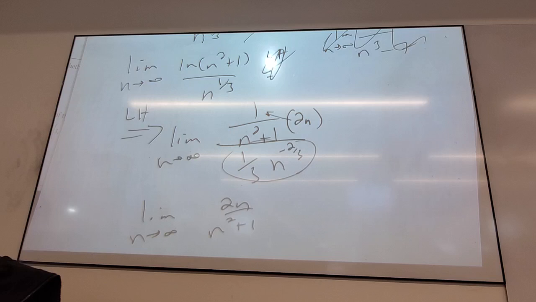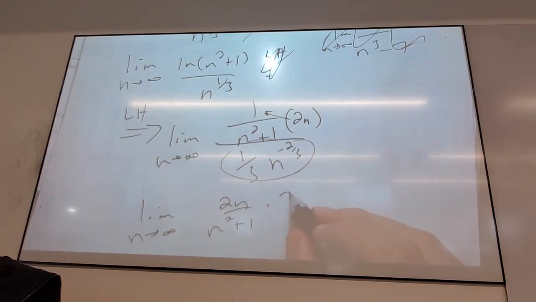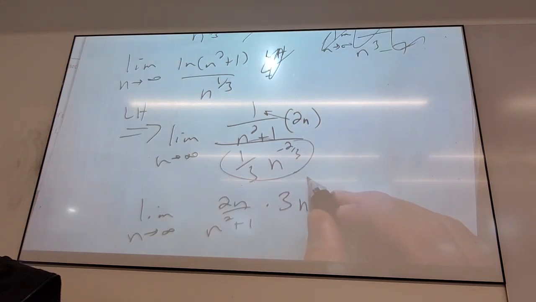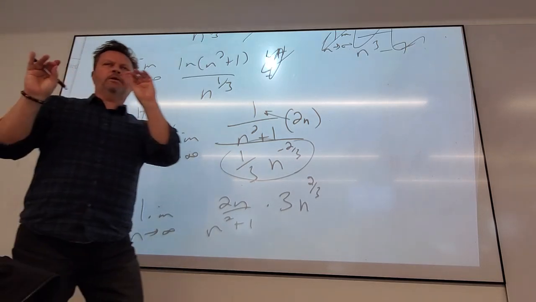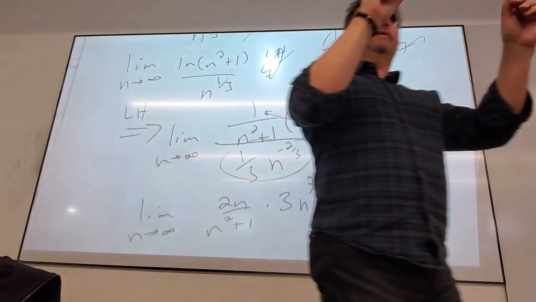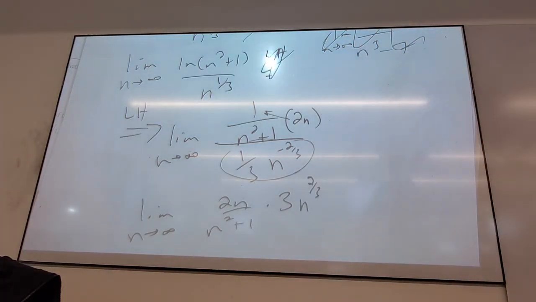So I'm going to multiply by 3, n to the positive 2/3. This is where a lot of calculus students kind of lose it. You pick up on the calculus, but then you forget the basic algebraic manipulation. If I've got something divided by something, I just multiply by the reciprocal at the bottom.